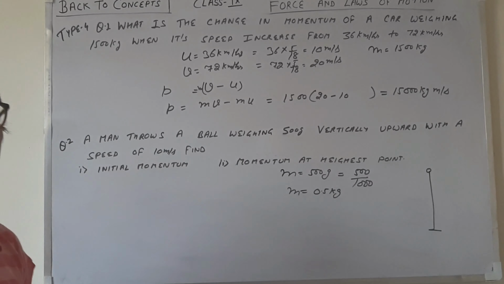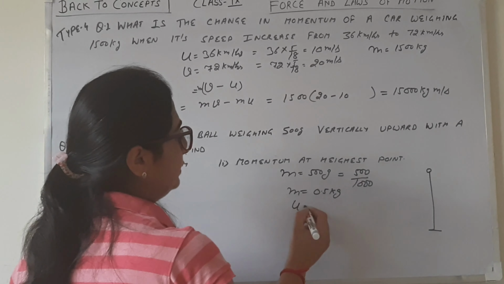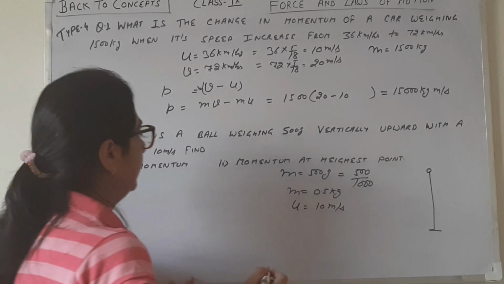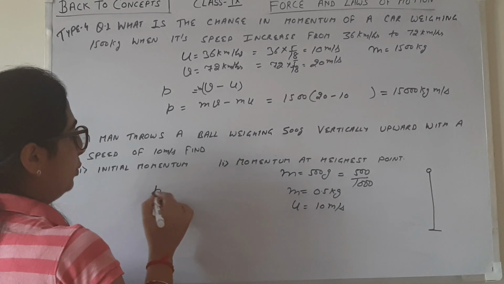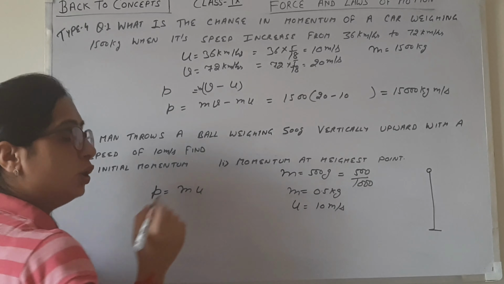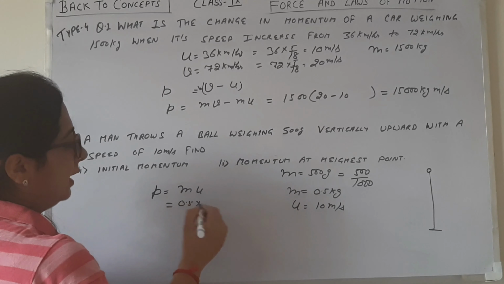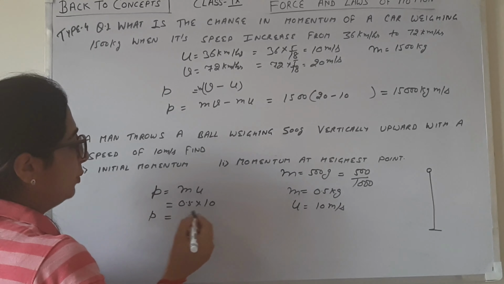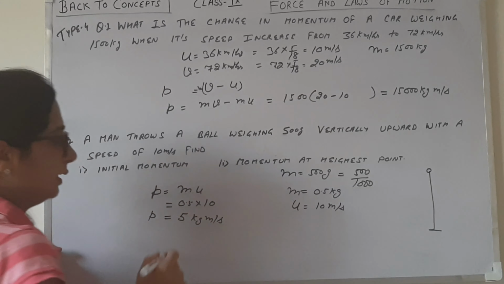And thrown with the speed of 10 meter per second. This is the initial speed, we can say, 10 meter per second. So find the initial momentum. What is the initial momentum? mu. So mass is equal to 0.5 and initial velocity is equal to 10. So initial momentum is equal to 5 kilogram meter per second.